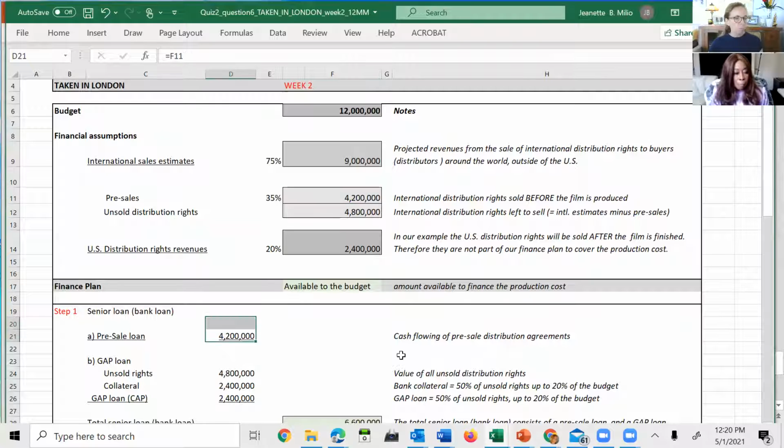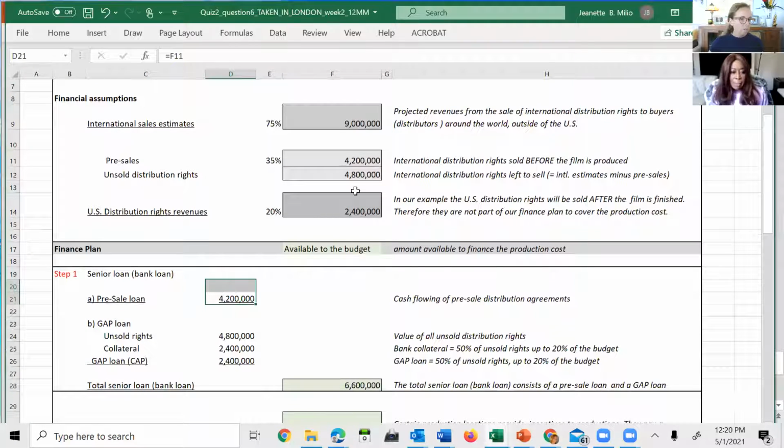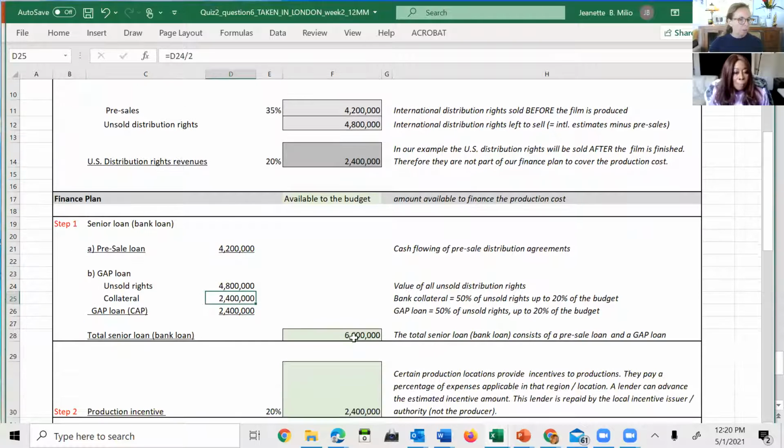The bank gives us 4.2 million as a pre-sale loan, right? Yes. We have 4.8 million left that we can still sell. The bank will give us half of that, 2.4 million, as a gap loan. So now when I put those two loans together, the 2.4 and the 4.2, I get to 6.6. That's my bank loan. Yay. All there is to it.